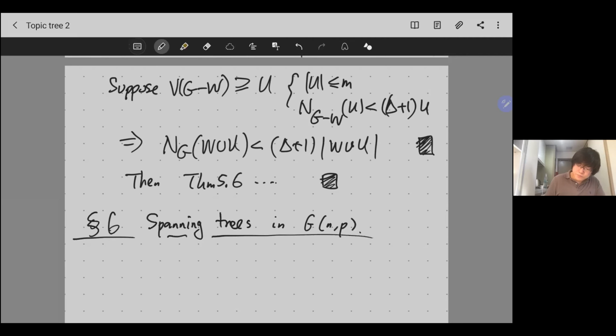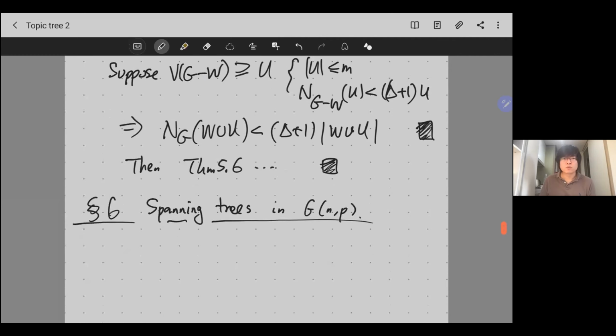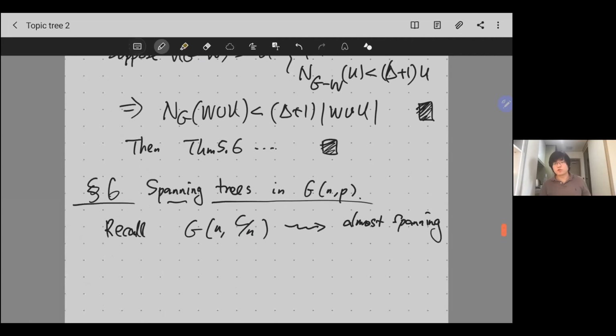All right. First of all, to talk about the threshold at all, we need to have a guess first. What will be the right threshold? So recall, we've just seen that in G(n, C/n), we can get almost surely an almost spanning one. The question is, can we just have spanning ones already?